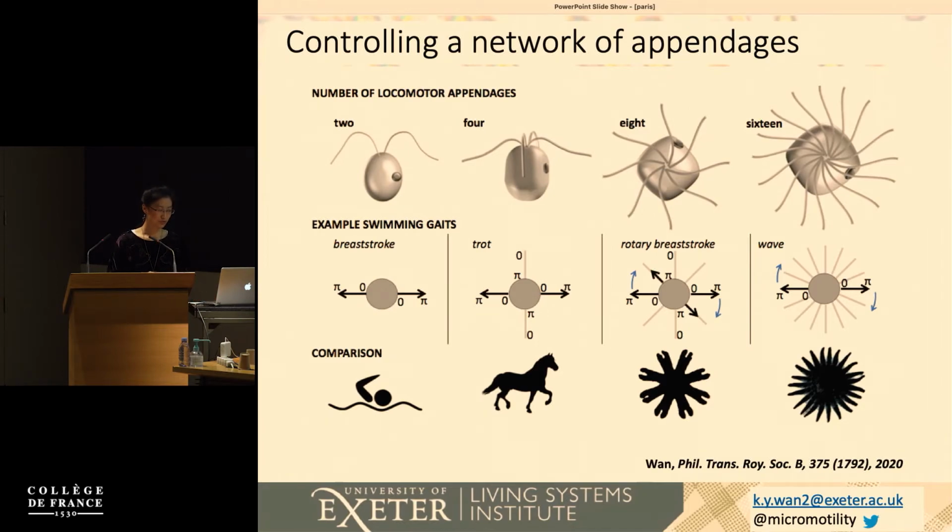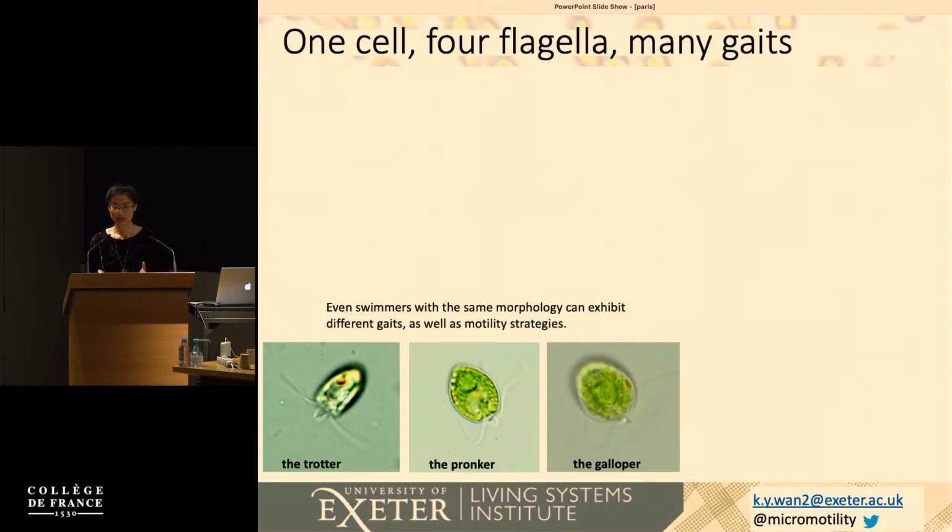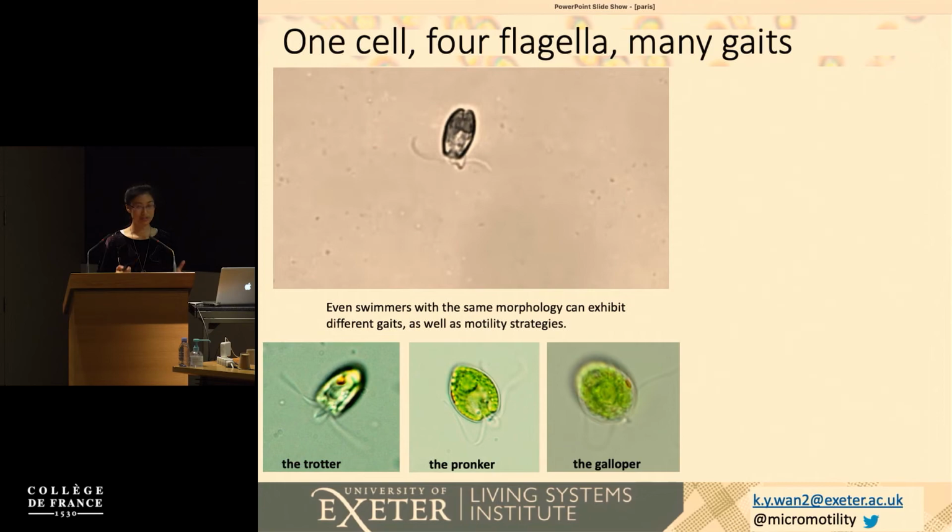And what we'd like to test is, for example, what happens if you change nothing except the gait. And just in the final couple of minutes, if we take a look at different species of these quadriflagellates, as they're known, some cells will execute the so-called pronking gait, some will swim with a so-called trotting gait, and others have a certain galloping gait.